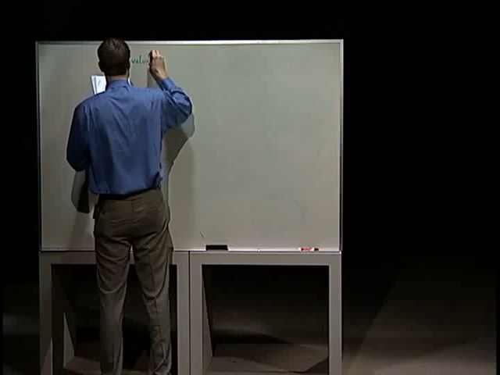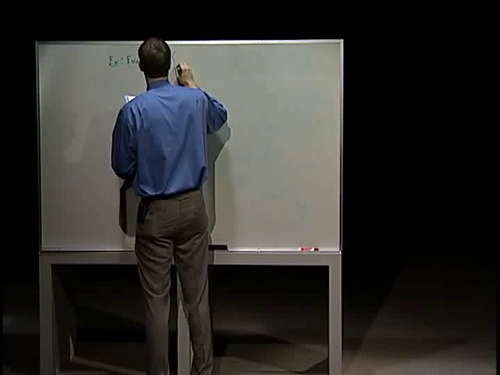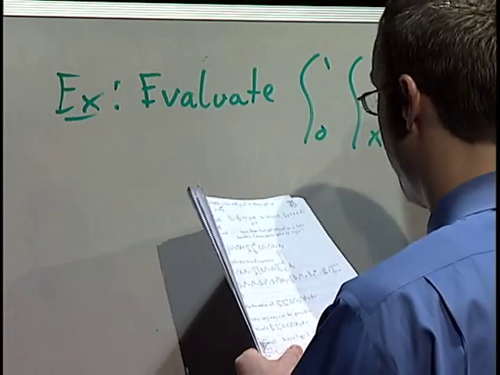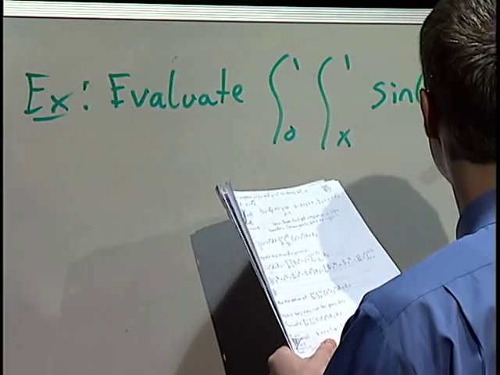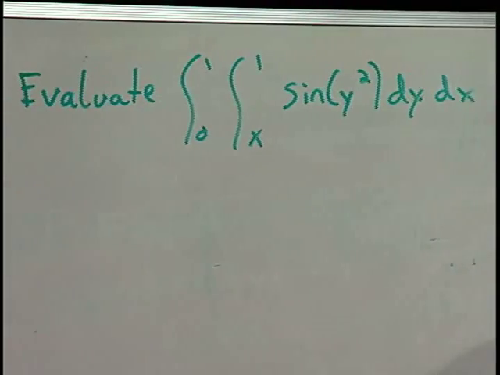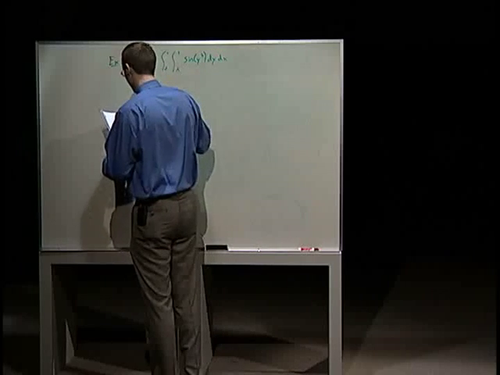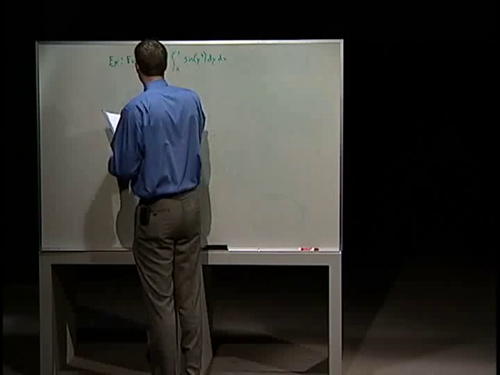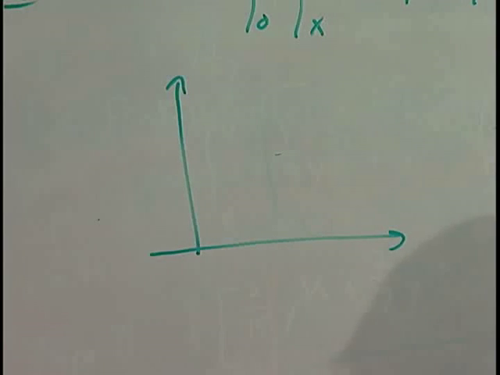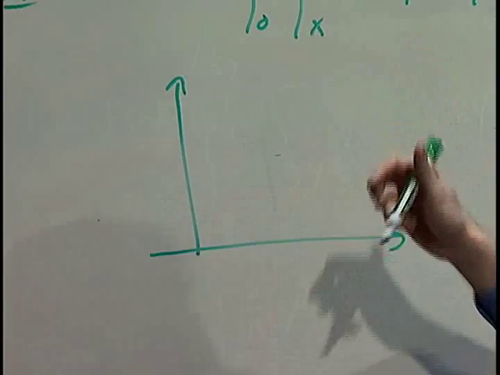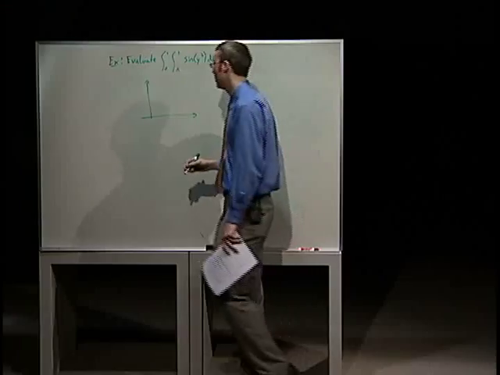So let's evaluate the integral from 0 to 1 and x to 1 of sine of y squared dy dx. Let's go ahead and draw a picture of what's happening with the region before we do anything else. What does the region look like? Well, the y limits of integration are from the function y equals x to the function y equals 1.